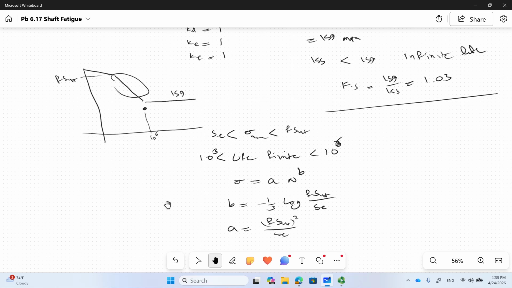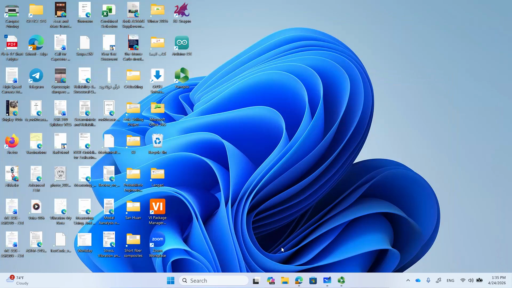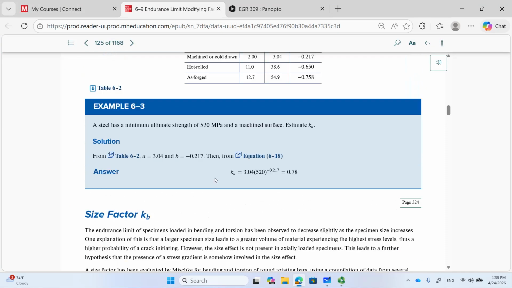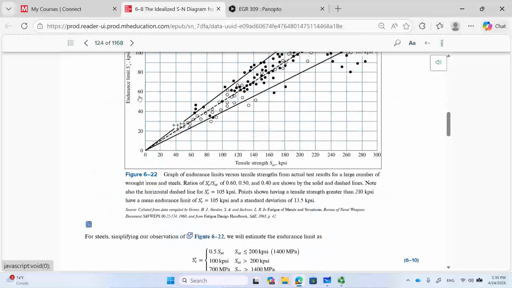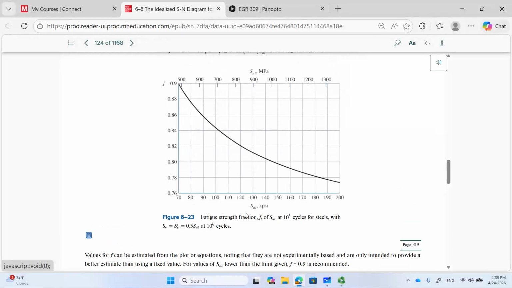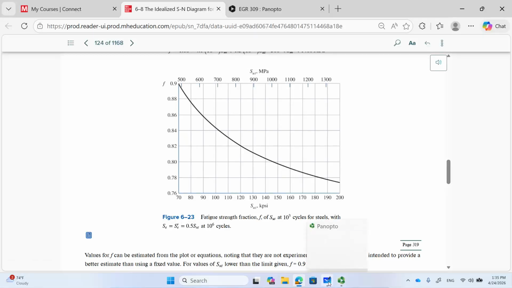So what was f? f was the fatigue strength fraction. That's a factor you need to look up from this curve.